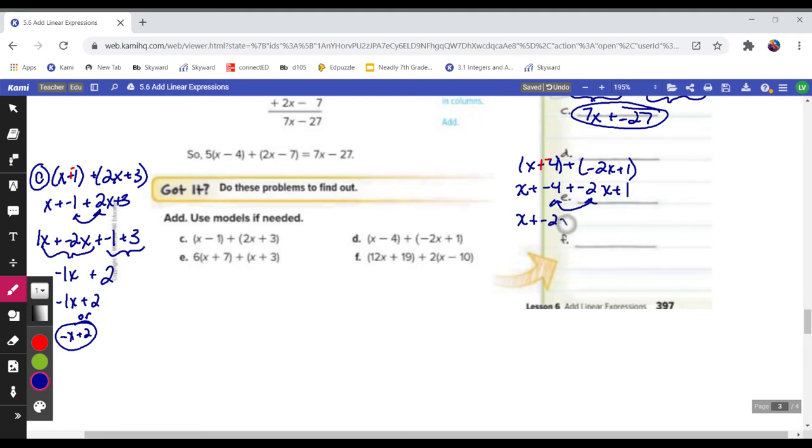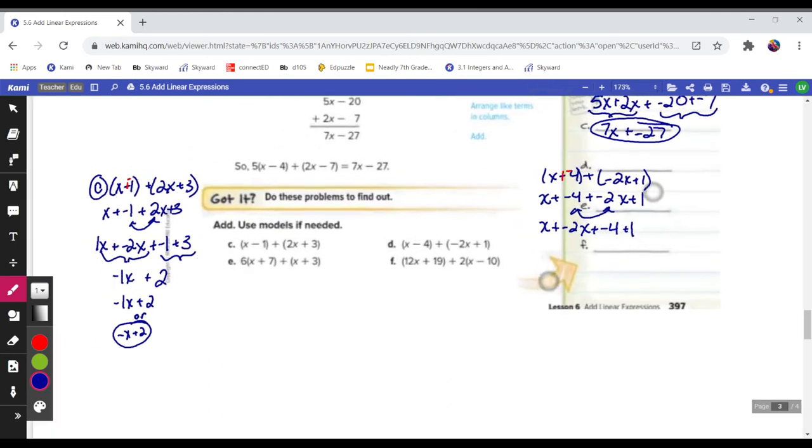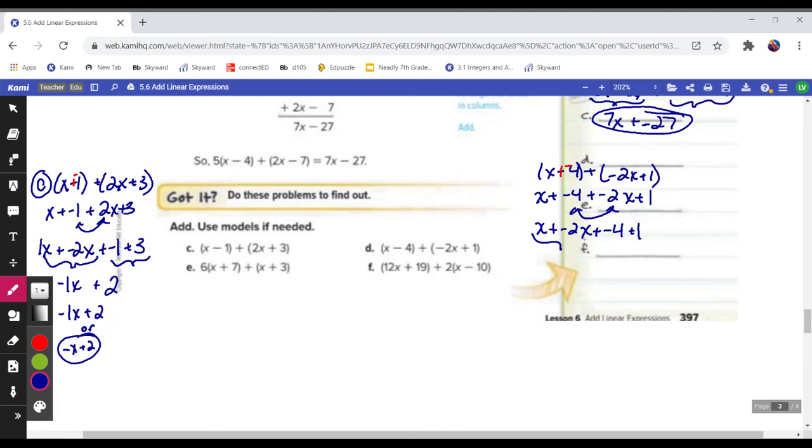X plus negative 2x plus negative 4 plus 1. I can put an imaginary 1 in front of that x. That becomes a negative 1x plus negative 4 plus 1 is negative 3. I can't leave it as plus negative, so that becomes negative 1x minus 3 or negative x minus 3. Both are appropriate answers.